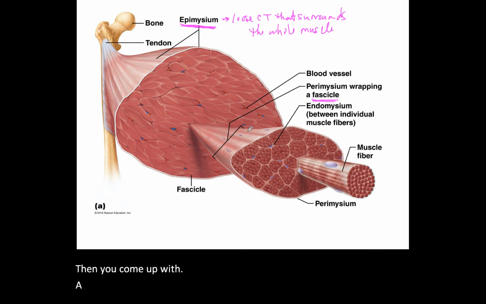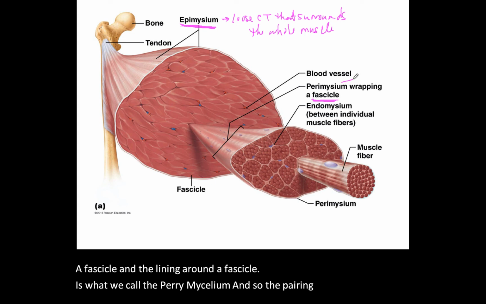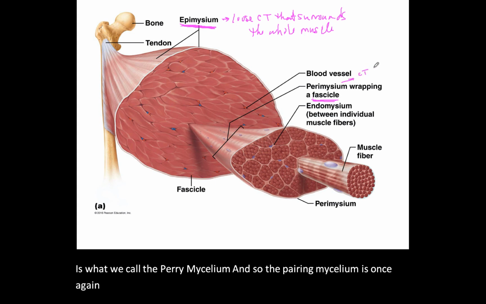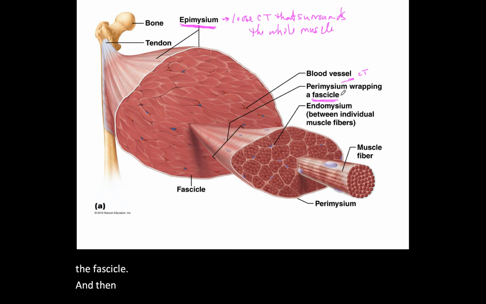And the lining around a fascicle is what we call the perimysium. The perimysium is, once again, connective tissue, but it's connective tissue that is now surrounding the fascicle. And then each fascicle can be subdivided into smaller components, which is called the muscle fiber.